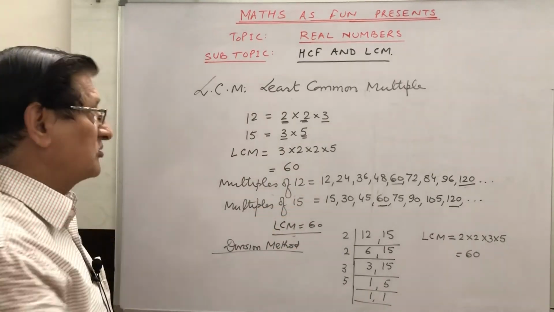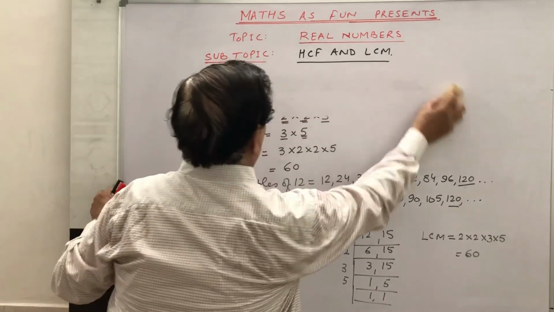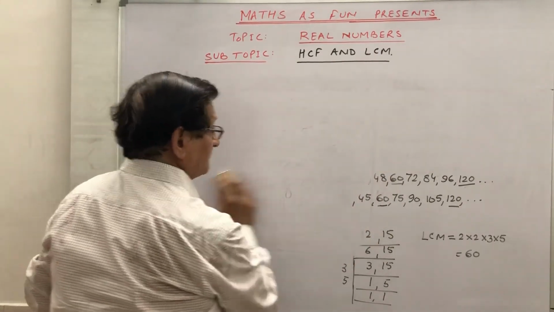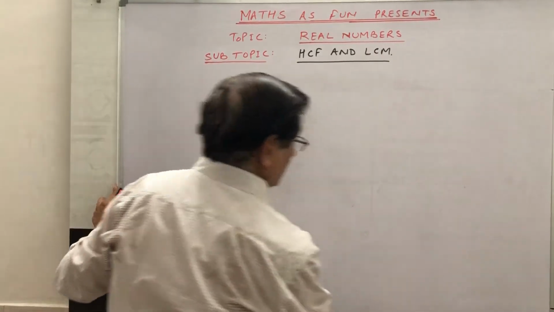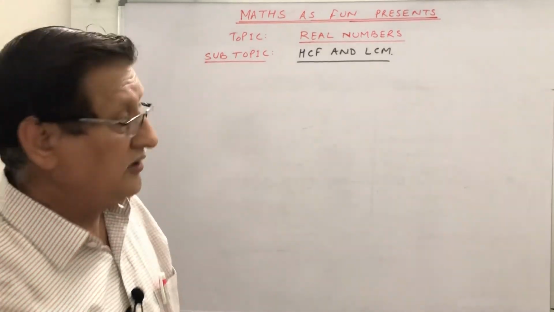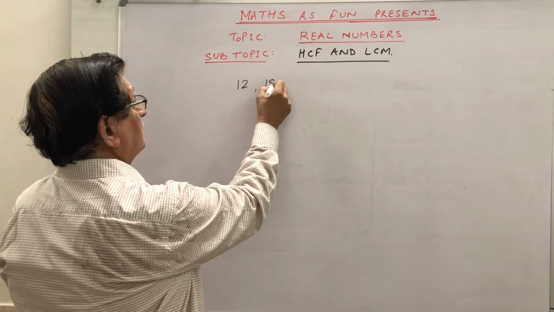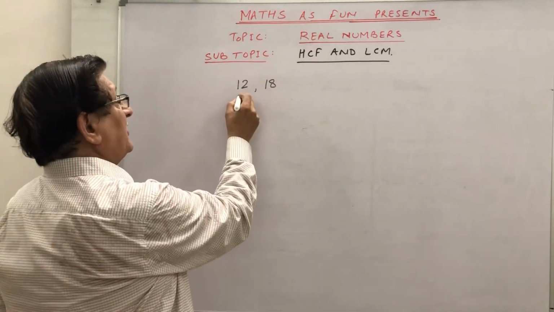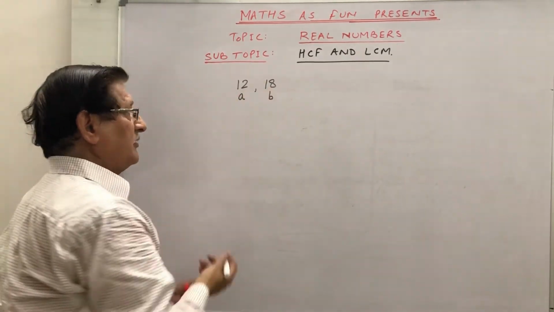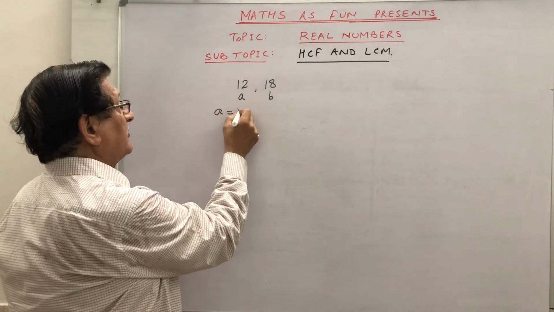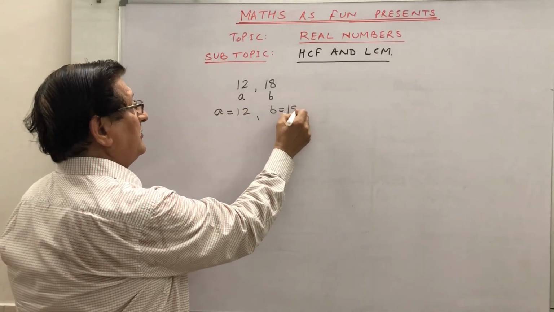Now let's talk about something else also for HCF and LCM. See, if we have any two numbers, like I am taking suppose 12 and 18 now. Suppose we name it as A and this as B. So A is 12 here and B is 18.